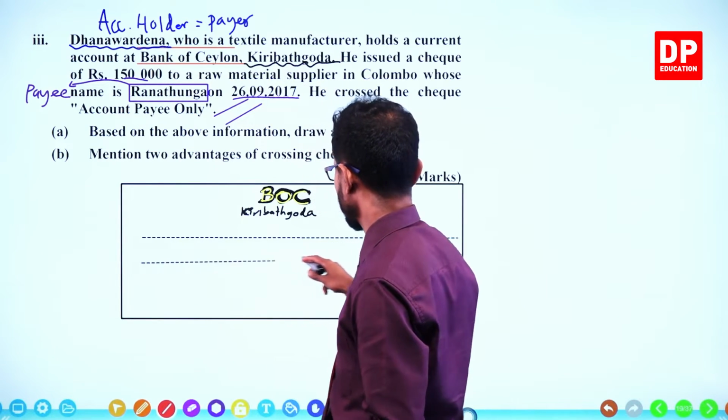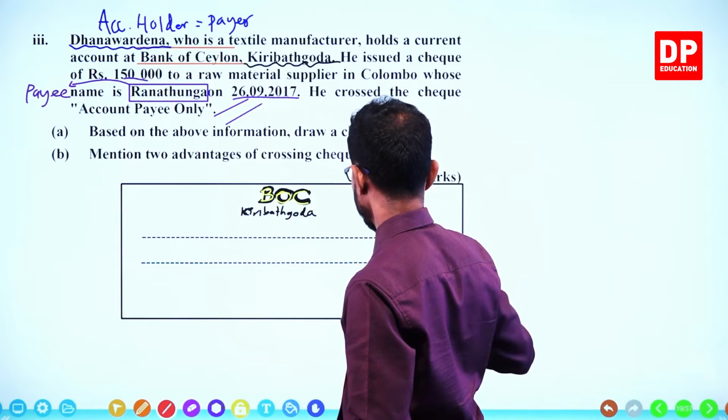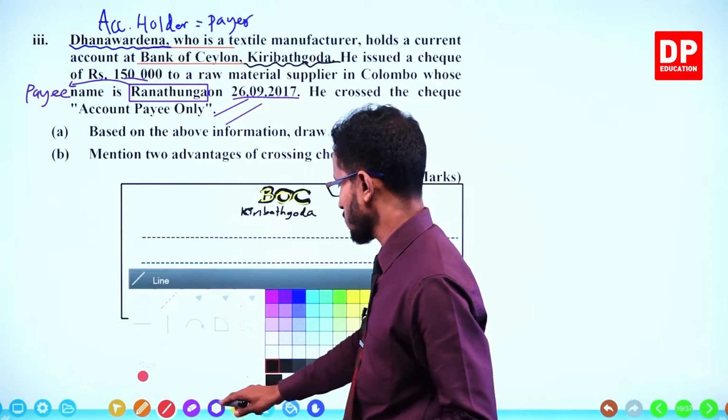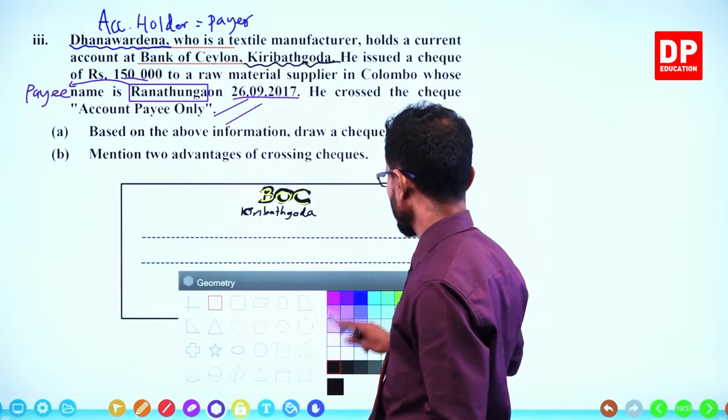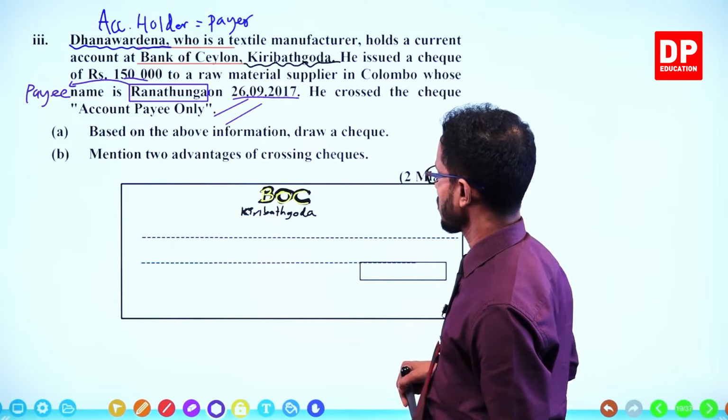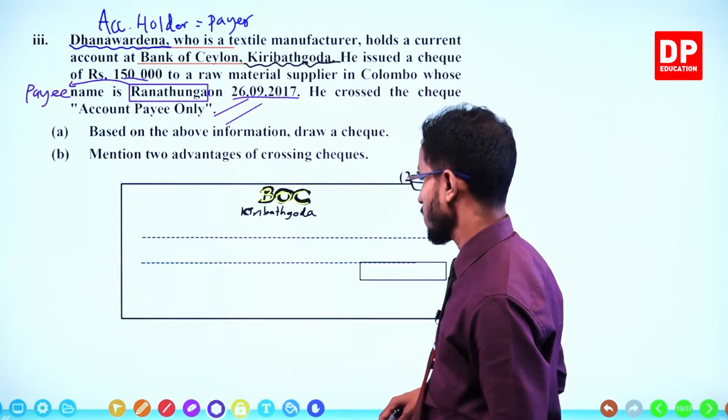Then the amount. There should be a separate box for the amount in numbers. You should mention the amount in numbers.